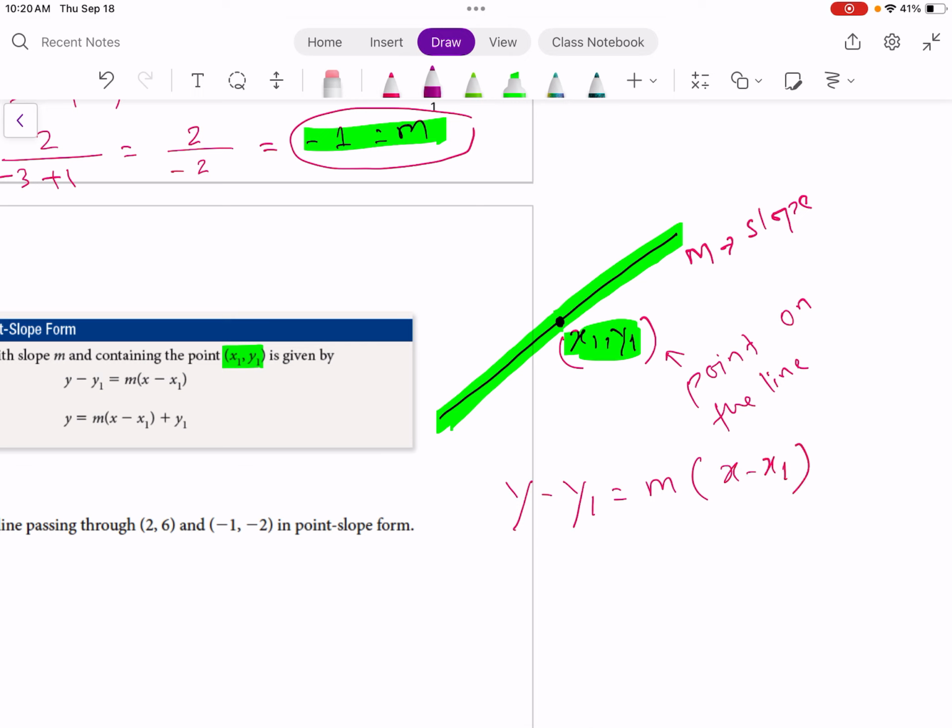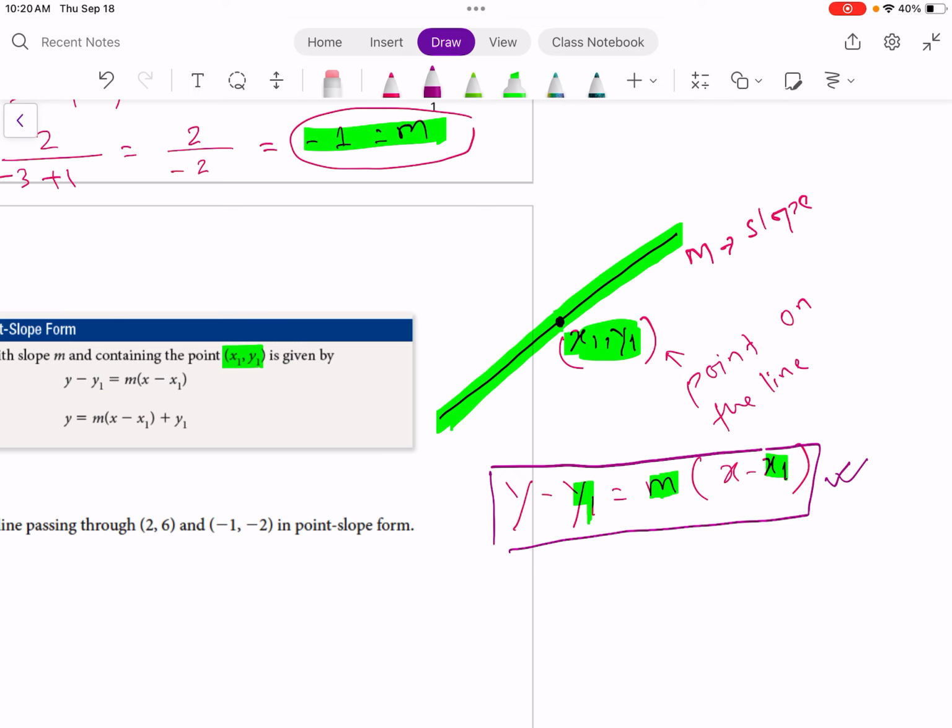So this is the equation of a line whose slope is m and which has at least one point x1, y1. If you have a slope m and a point x1, y1 on the line, then the equation of the line is given by this equation, y minus y1 equals m times x minus x1.